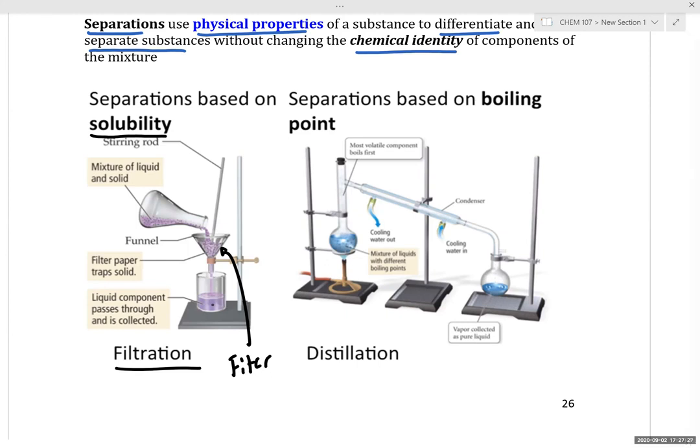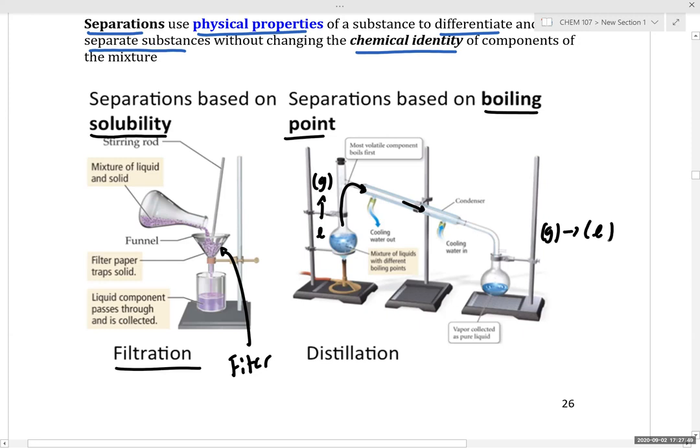Distillation is a technique that separates compounds based on boiling point. So we heat the mixture, and the most volatile compound, the compound with the lowest boiling point, converts from the liquid to the gas phase, the sample boils, and then we can collect the sample as it undergoes a transition back from the gas to the liquid phase.